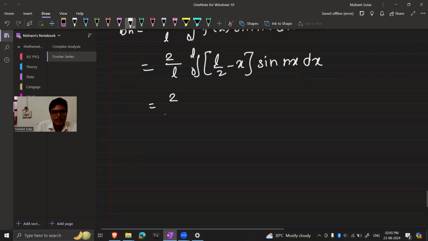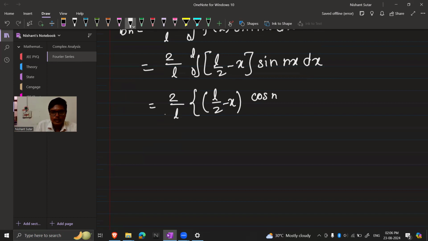So this can be written as 2 upon L, integral: keeping the first value and taking the integral of the second value, it will be cos n x upon minus n.